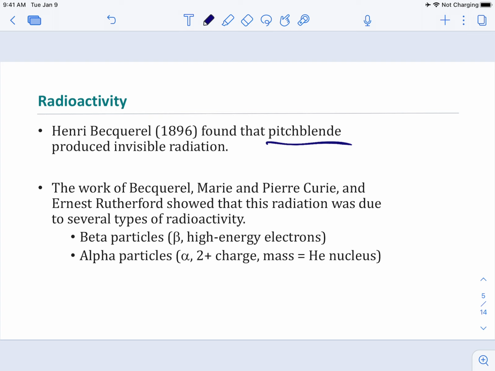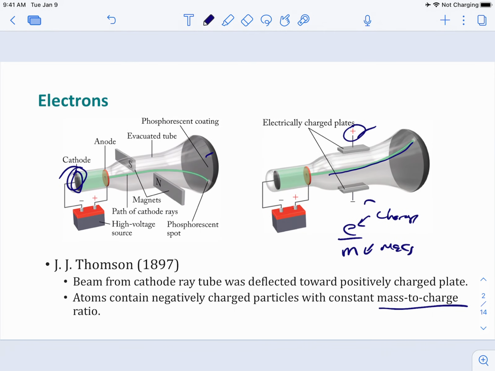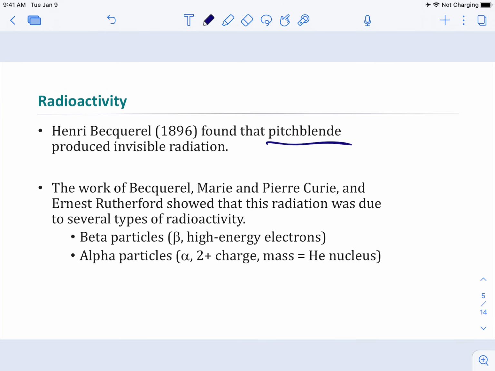He was storing this pitchblende in a lab drawer. And in that lab drawer, the story goes, he also had some photographic film. I grew up taking film photography, but if you work with X-rays, you know that exposure of film produces an image. It's no different than what he's doing here with this phosphorescent screen. Exposure produces some sort of image.